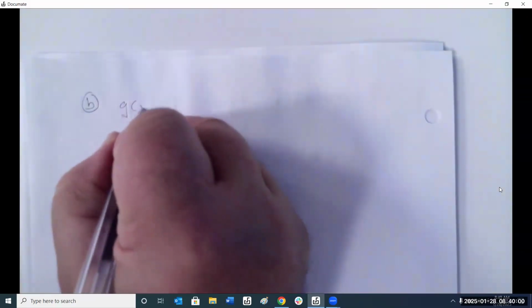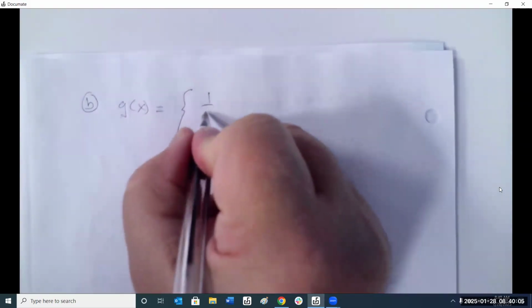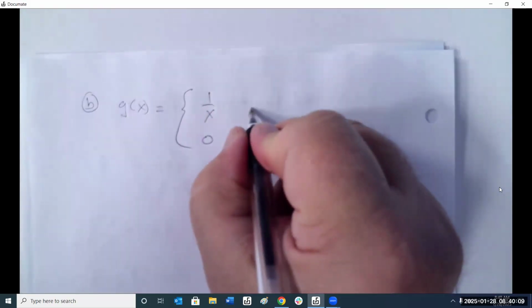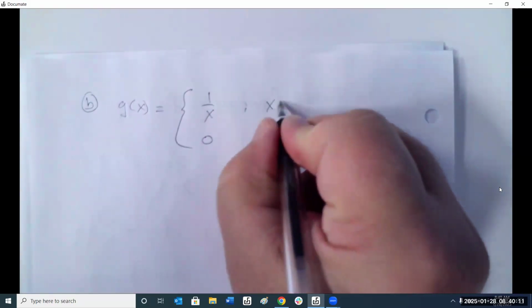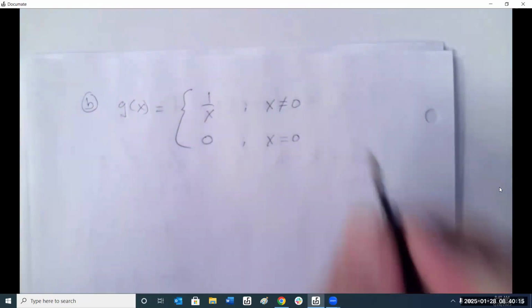All right, let's look at another example. g of x is equal to 1 over x when x does not equal 0, and 0 when x equals 0.